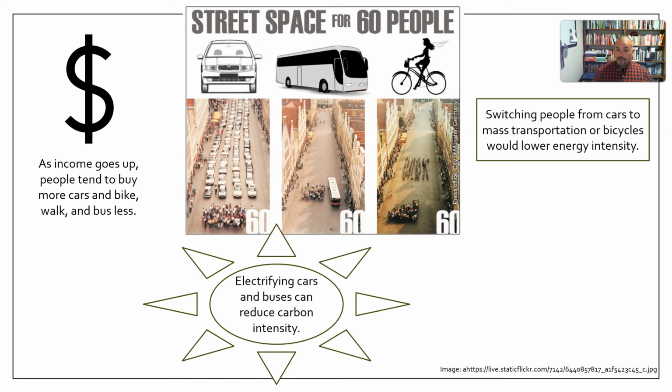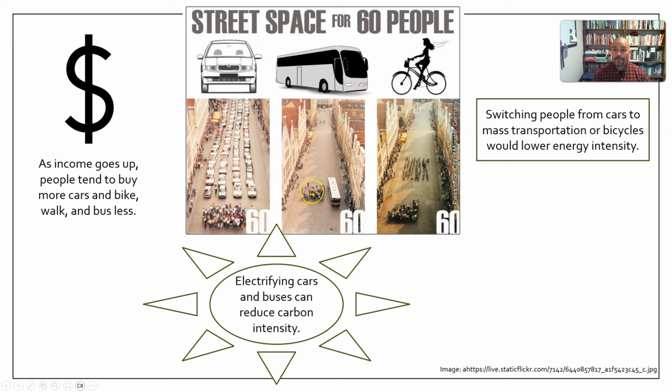Another thing that we could also do, however, is that we could electrify forms of transportation like cars and buses as well. So in Ontario, most of our electricity is coming from relatively low polluting sources. So we have a lot of hydroelectricity, a lot of wind, and a lot of nuclear power. So if we're able to power our cars with electricity, we're going to produce a lot less pollution than if we're putting diesel fuel or gasoline in our vehicles. And the good news is that we can electrify both cars and buses.